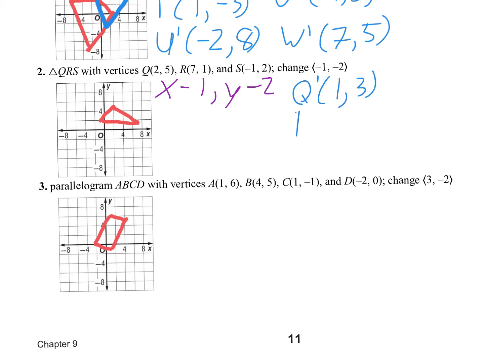R prime will exist at (6, -1), and S prime will exist at (-2, 0). So go ahead and graph those out.